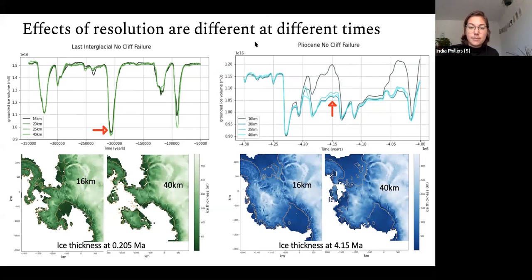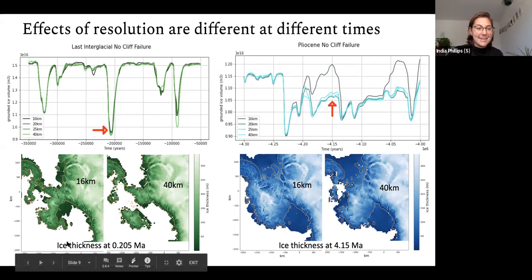Another interesting thing is these arrows are pointing to spots where I've plotted ice thickness at that time over West Antarctica. So you can see this is West Antarctica. And Izzo, if you can point to where the Amundsen Sea is. Amundsen Sea, yeah.